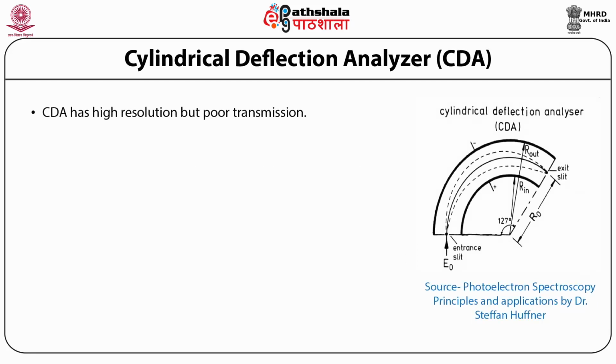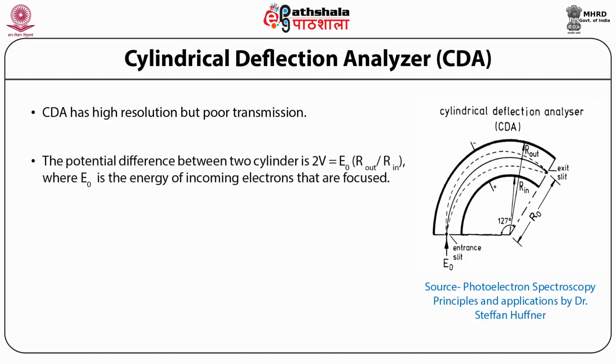Cylindrical deflection analyzer, or CDA. CDAs consist of 2 cylinders spanning a 127 degree angle. It is the reason that CDAs are sometimes called 127 degree analyzers.